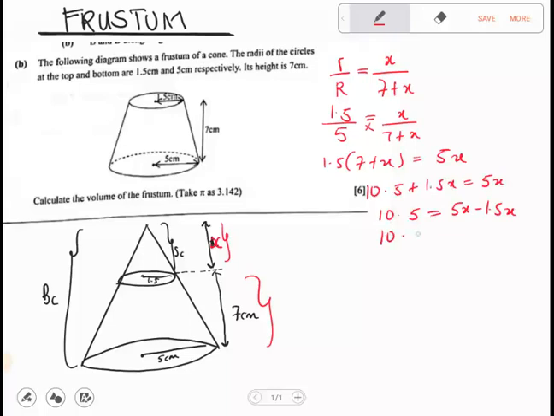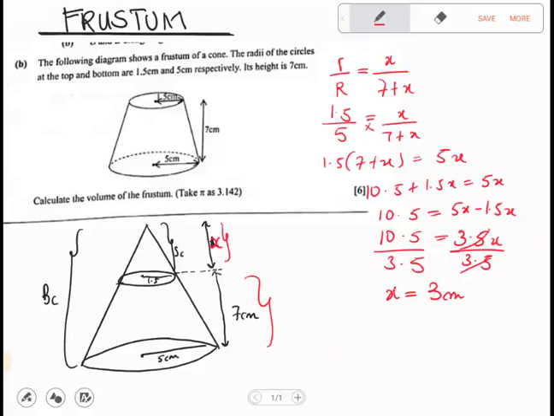So 10.5 equals 3.5x. Then we divide both sides by 3.5, so x equals 10.5 divided by 3.5. It's giving me 3. Now x is 3 centimeters.